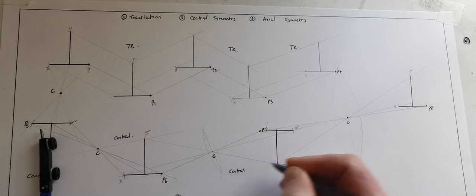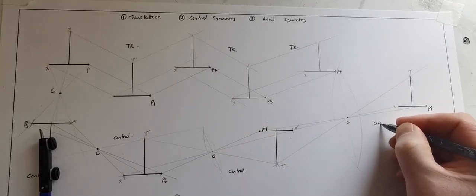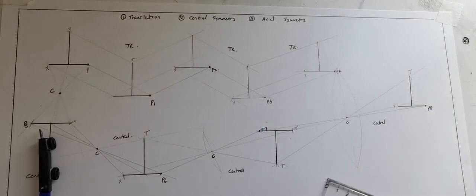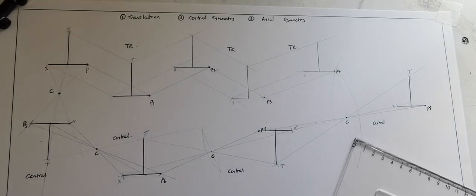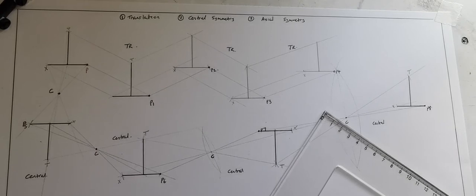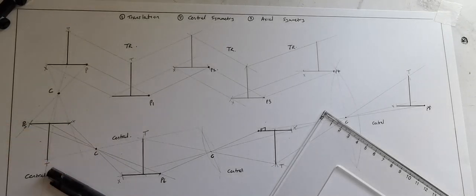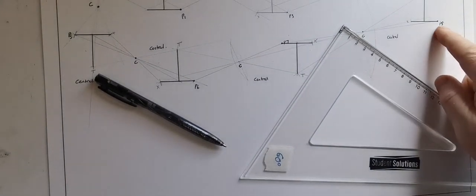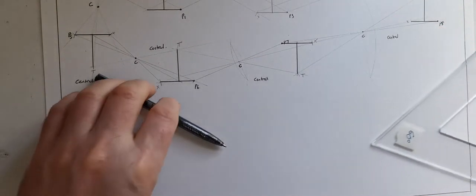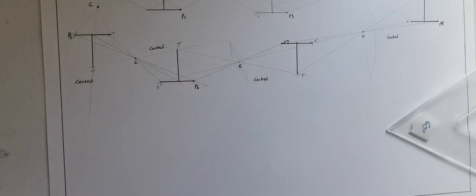So all of them, this is central. Now next I want to look at axial. Axial now is when you have, I'll just adjust this camera again. So we went as far as P8 here.